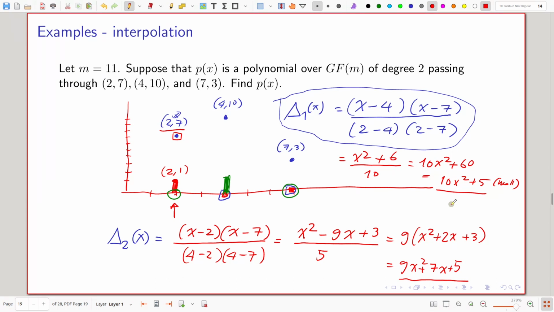Okay. I need to compute also delta 3. Okay. What is delta 3? Delta 3 is going to be a function that is 1 at this point and going to be 0 at these 2 points. Okay. So the formula of delta 3 of x, don't follow me because you have different points.